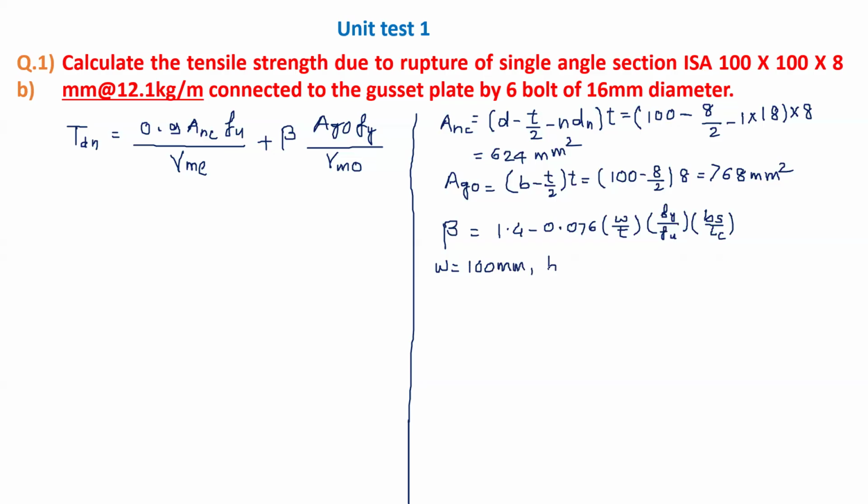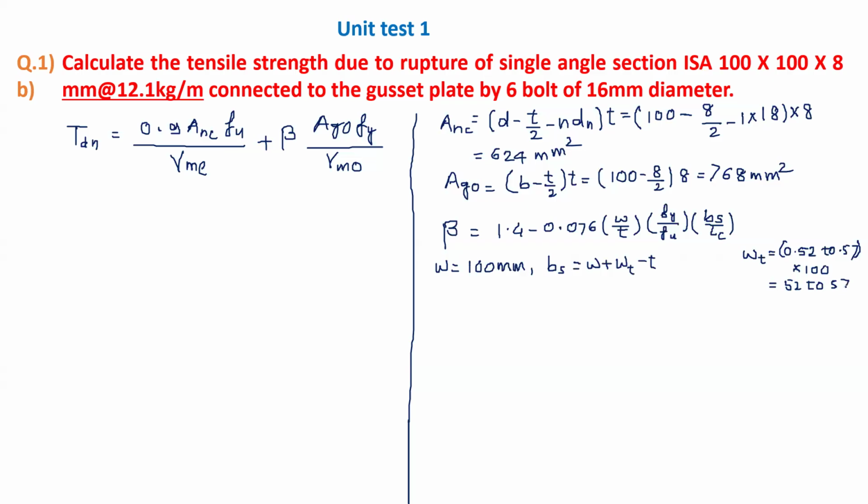Now b_s we have w plus w_t minus t. Now w_t, as already mentioned, you have to go with 0.5 to 0.57 into the dimension of leg, which is 100. So which comes 52 to 57.